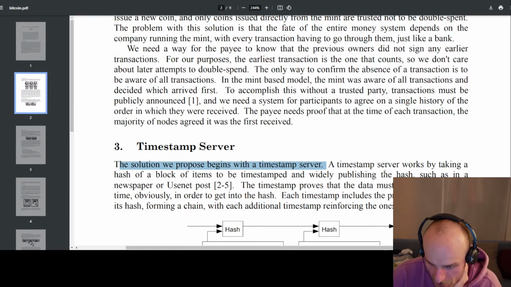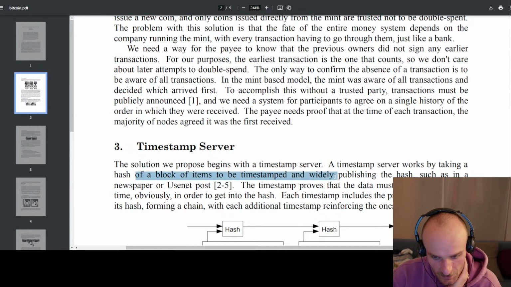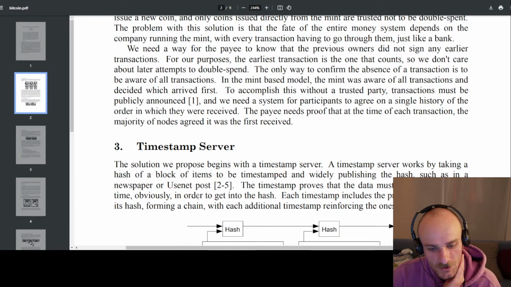A timestamp server works by taking a hash of a block of items to be timestamped and widely publishing the hash, such as in a newspaper or Usenet post. The timestamp proves that the data must have existed at the time, obviously, in order to get into the hash.